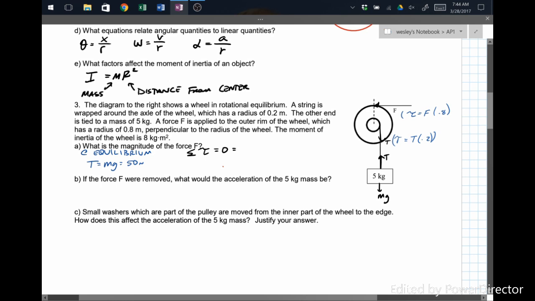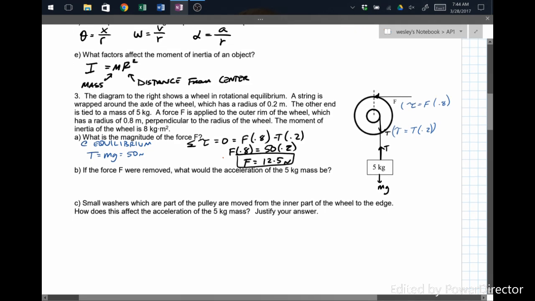And so we're going to have force times 0.8 minus tension times 0.2. So that tells me that force times 0.8 is equal to 50 times 0.2. And if we solve for the force, that force comes out to be 12.5 newtons.